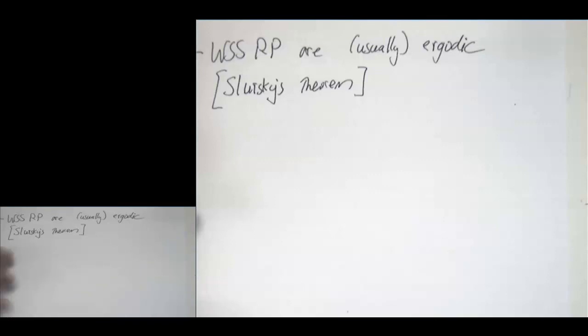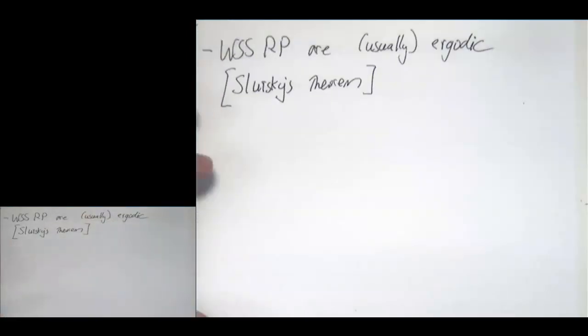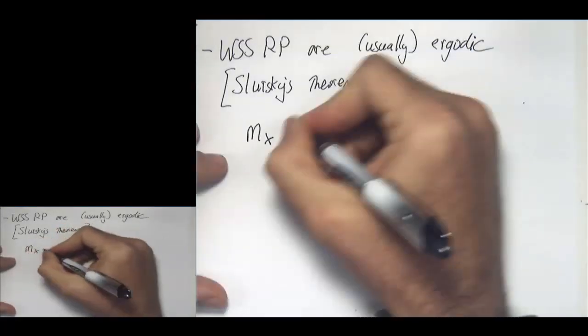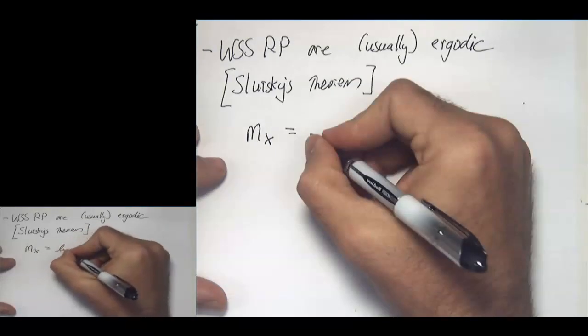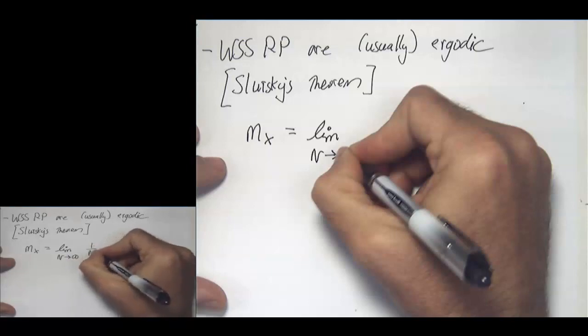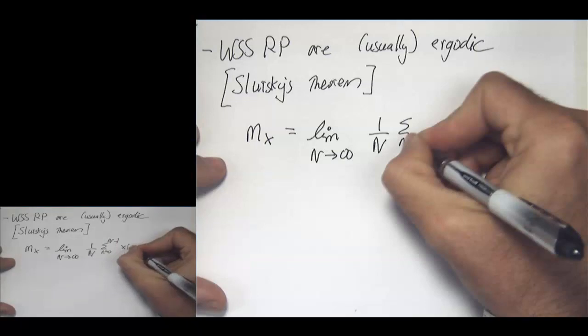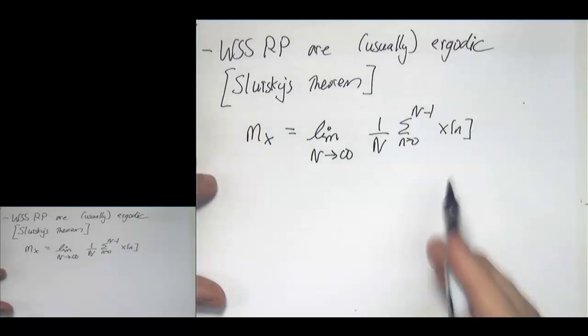What this means is that we're going to look specifically at second-order ergodicity, and we're going to use these practical estimators. So I could say that mx, the expectation, is the result of taking a large number of samples and averaging them in time. I take more and more samples, add them up, and divide by n.